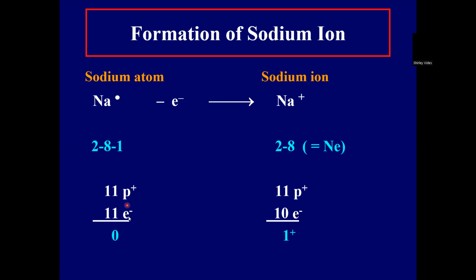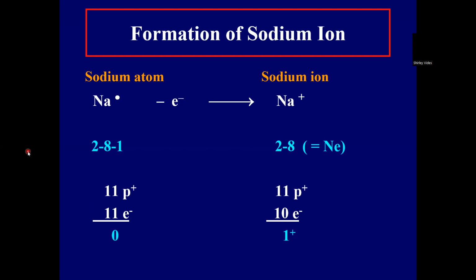One's positive, one's negative, therefore the charge becomes 0. Over here, we have a sodium ion. You notice there's a charge. Why is it positive? Because now we have 10 electrons, but we still have 11 protons, because protons never change. So when you subtract them, you get a positive 1. And there's the charge.